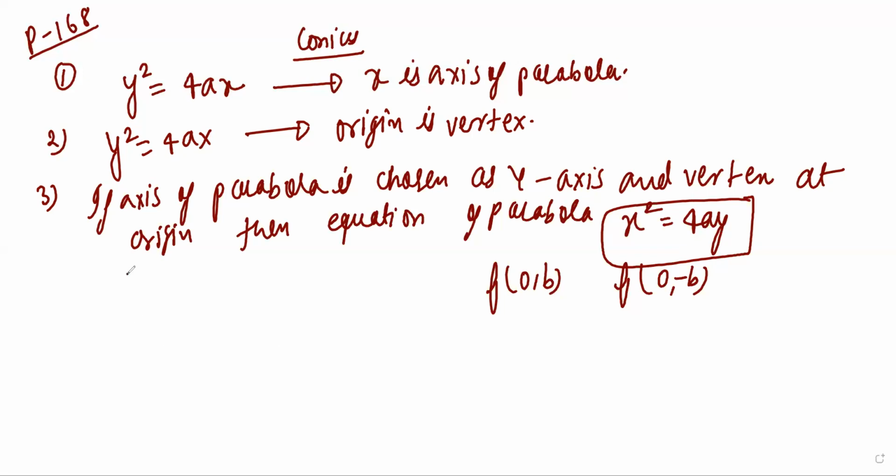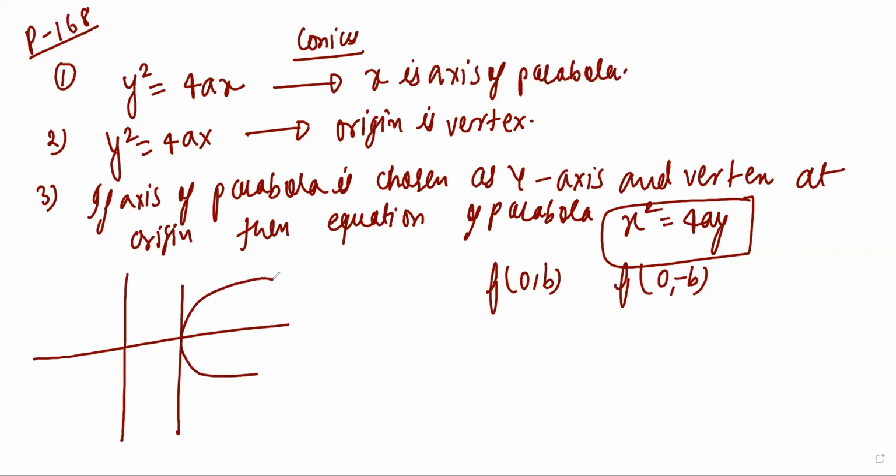So we can draw the diagram for the parabola. This is the equation of the parabola y square equal to 4ax passing through the origin, right? This is O, that is 0 comma 0, passing through the origin, and here the focus has coordinates a comma 0.